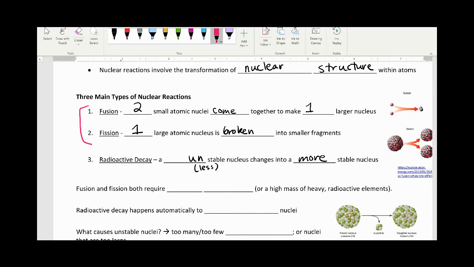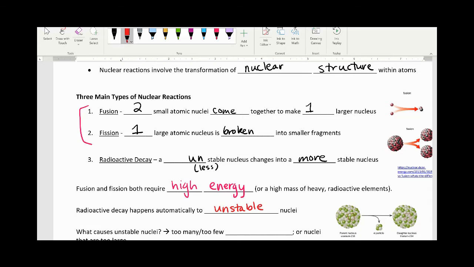For example, fusion and fission both require high energy to make them occur, or a really heavy mass of heavy radioactive elements. Radioactive decay, on the other hand, doesn't have to be forced as much. It automatically happens anytime you have unstable nuclei.